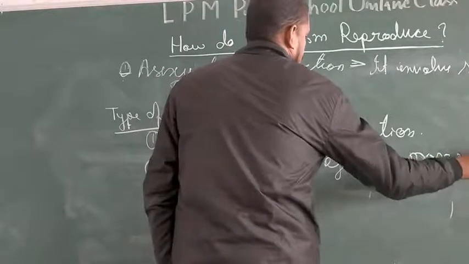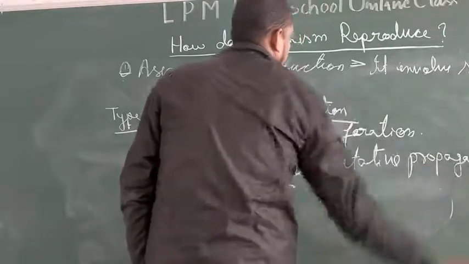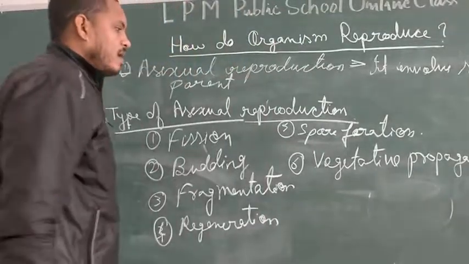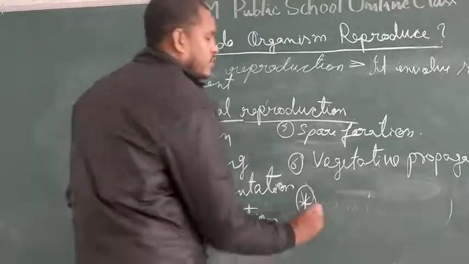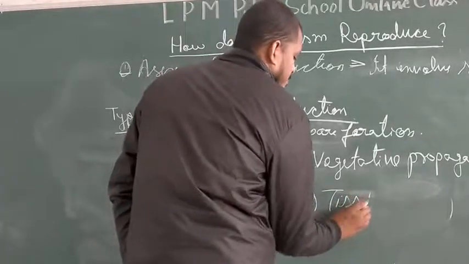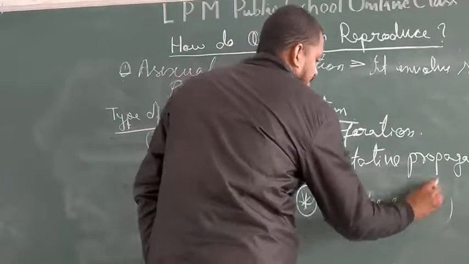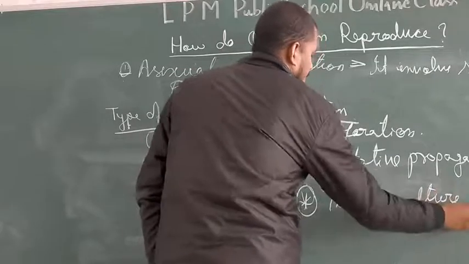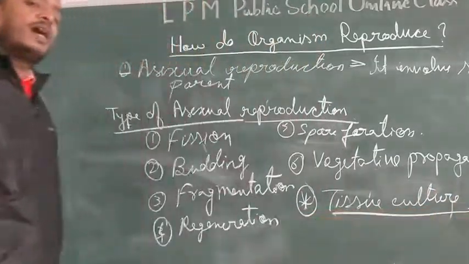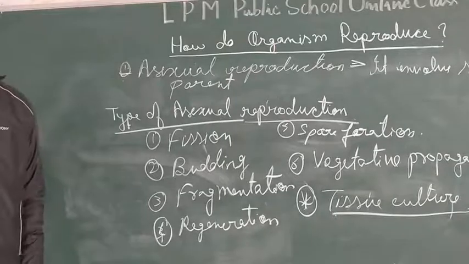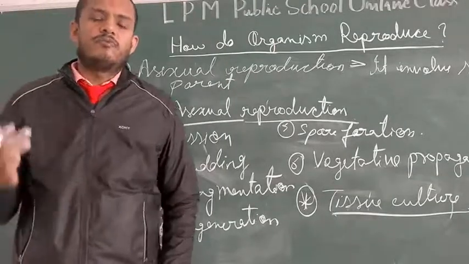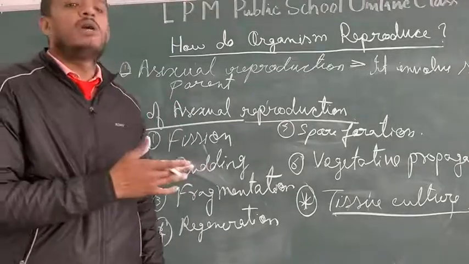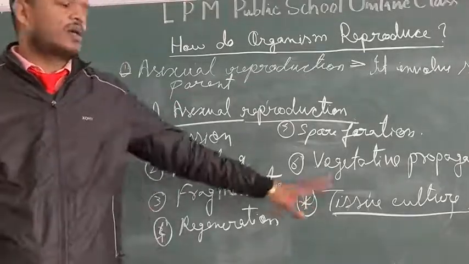There is one more, which I'm not going to write in continuity but separately, that is tissue culture. This tissue culture is actually an artificial mode of reproduction, a man-made process, which is not going to occur naturally.